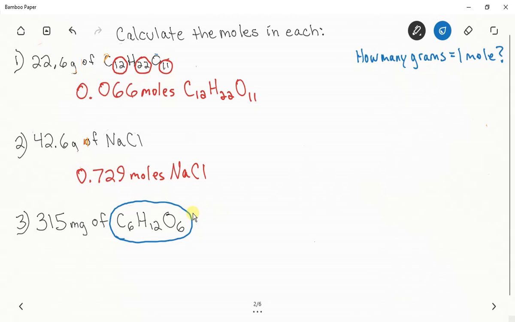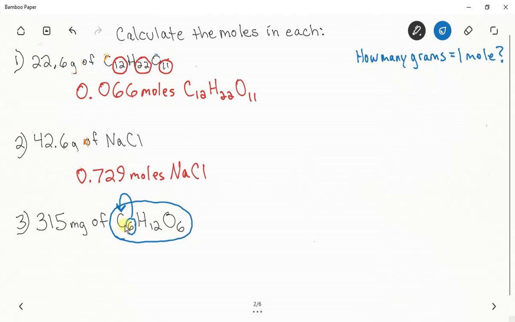So how many grams makes a mole of C6H12O6? So you should be getting the hang of it by now that these little tiny numbers in front of each of the elements only apply to that one element that's before it. It doesn't apply to anything else in the formula or in the molecule.